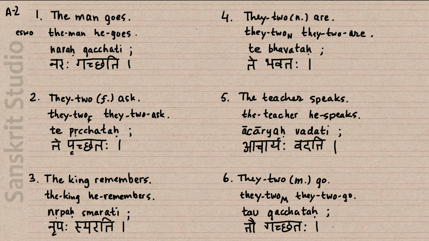Gacchataha. Okay, so let's proofread this then. Or maybe I should begin with, well, I can start with the second sheet now, and then let's just check in the answers here. Naraha gacchati, te prichataha, nripaha smarati, te bhavatah, acharya vadati, and tau gacchataha.